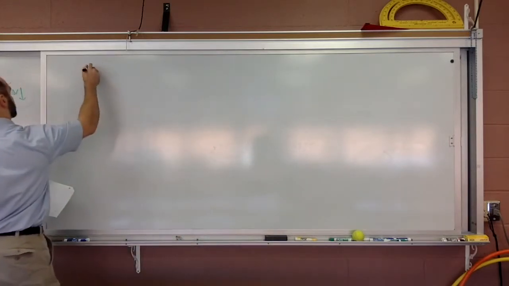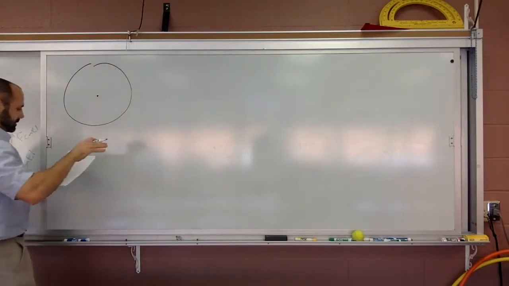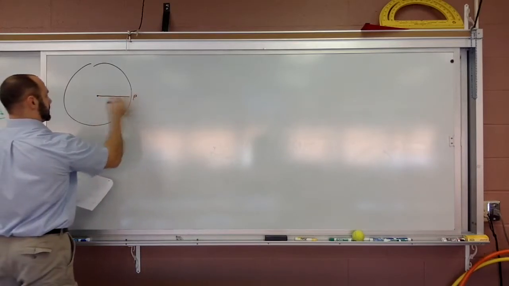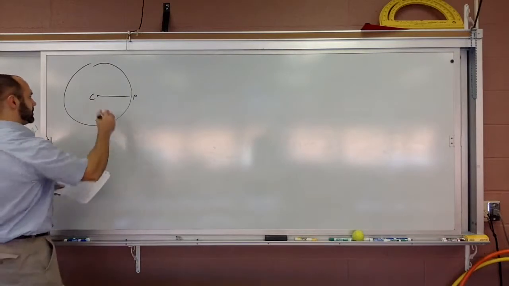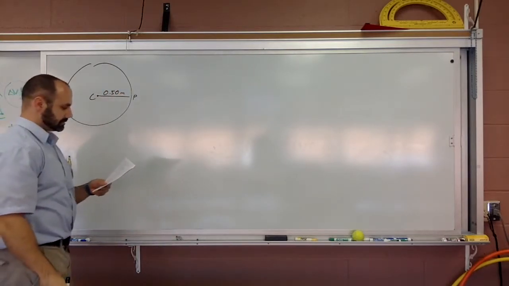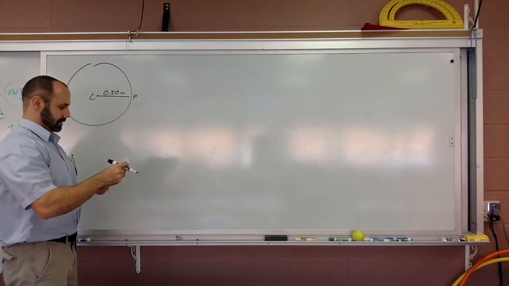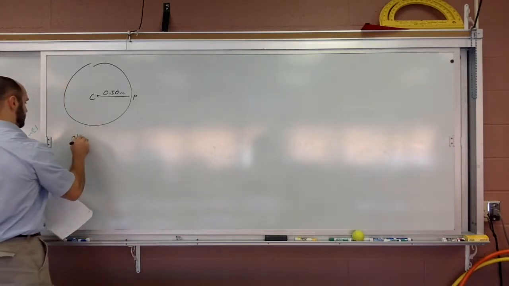Well, let's draw a picture of this, kind of get an idea of what's going on. There's a line C. It's initially horizontal, this line connecting the center and point P. It has a radius of 0.5 meter. And it starts rotating from rest, and we're given the angular acceleration.